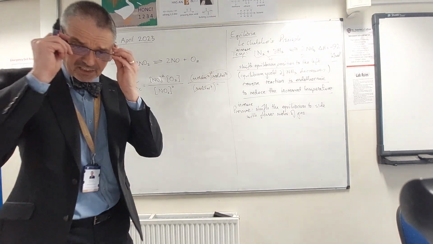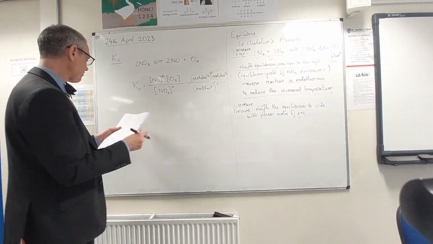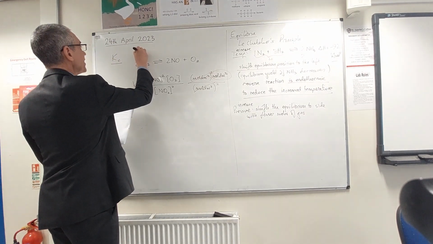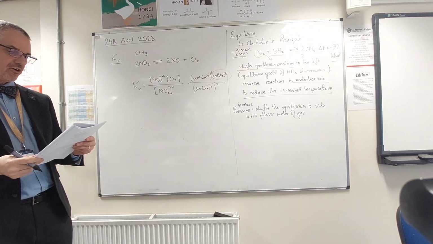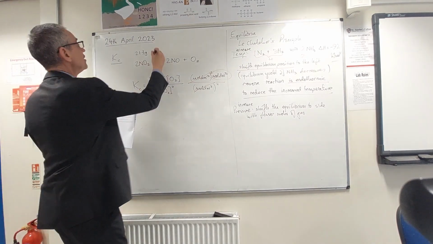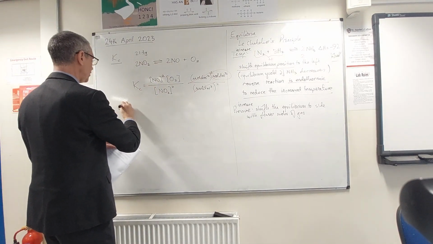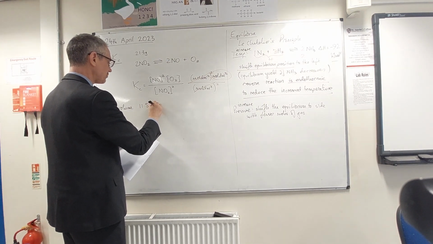All right, let's use a table. So I've got 21.3 grams of nitrogen dioxide heated to a constant temperature in a flask with a volume of 11.5 dm cubed.